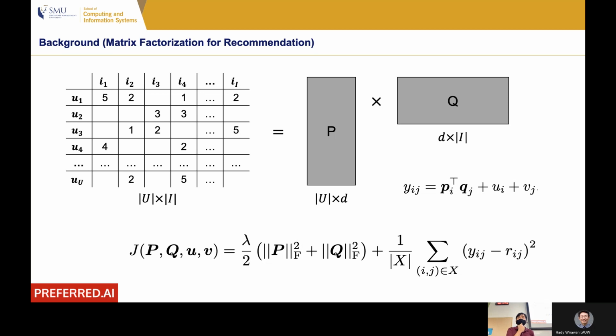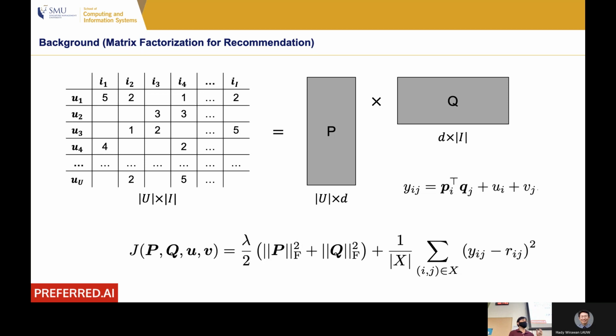We have the rating matrix between the users and items, and we have a lot of missing values there, right? For this very big matrix, like a million users and a few 100,000 items, we can approximate it with two lower rank matrices, P and Q. P we can call the matrix of user factors, and Q is the matrix of item factors.